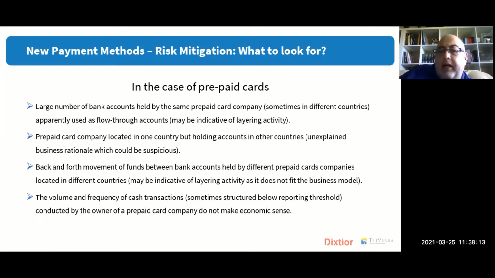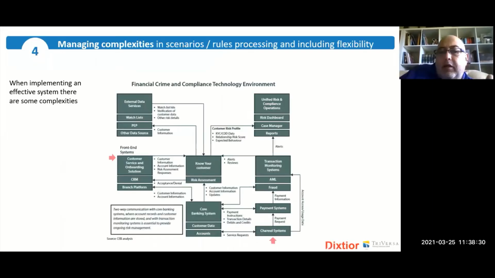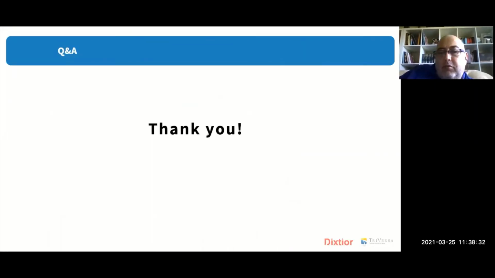These prepaid cards allowed a lot of weird transactions, weird movements that moved money out of Angola to different countries, to different jurisdictions, in a way that was not easy to understand. So today, this is what I wanted to share with you. I'm available for your questions.